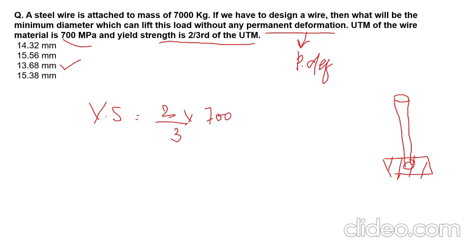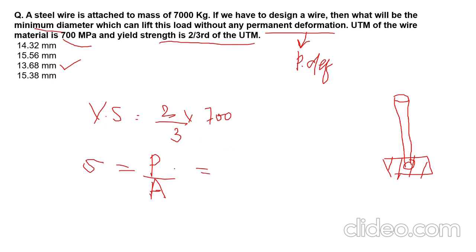For any material, yield strength is given by force, which we can say P, which is the load here, divided by the area on which the load is acting. We have to find the minimum diameter which can lift this load.